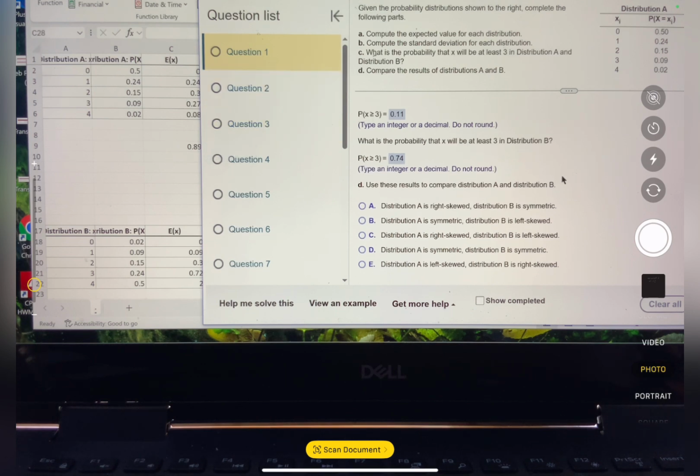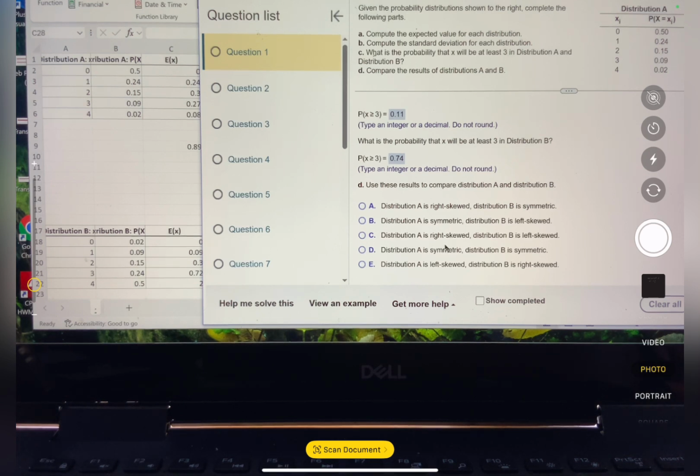Here it is. Use this result to compare distribution A and B. Distribution A is right skewed. Distribution B is symmetric. Let's find out.